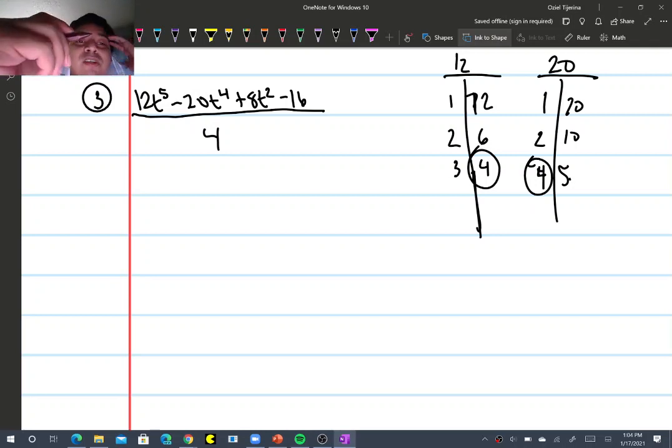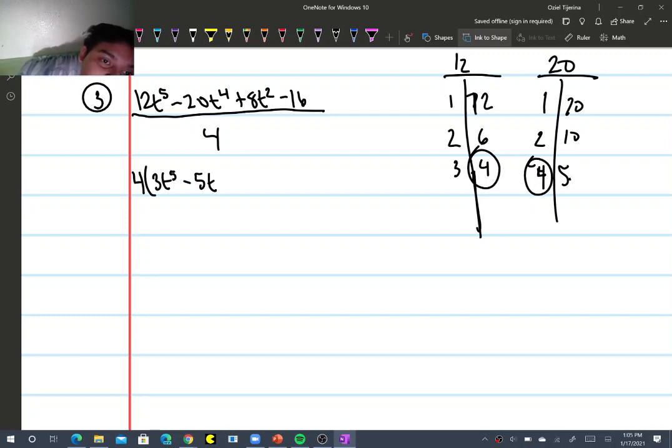The only way that it is factorable is if you factor out a 4. So you would say 4 times 3t to the 5th minus 5t to the 4th plus 2t squared minus 4.